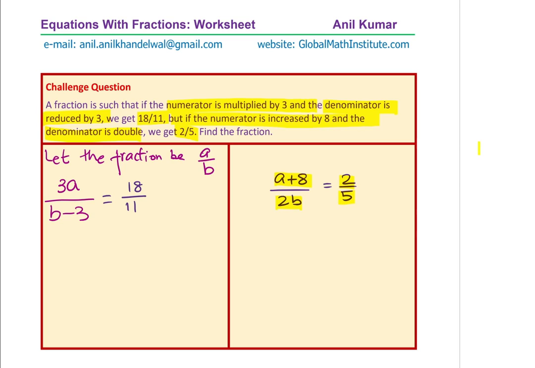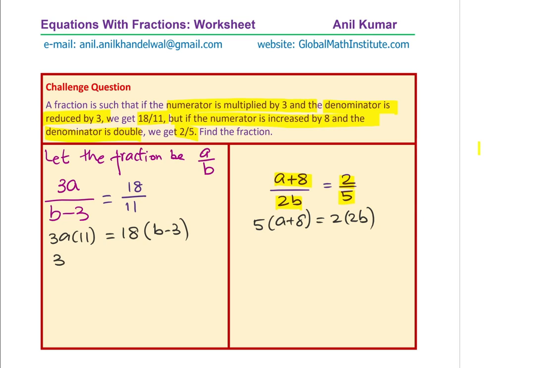So, let us cross multiply. So, we get 3a times 11, which is 33a. And here we have 18 times b minus 3. Similarly, I will do here 5 times a plus 8 equals to 2 times 2b.